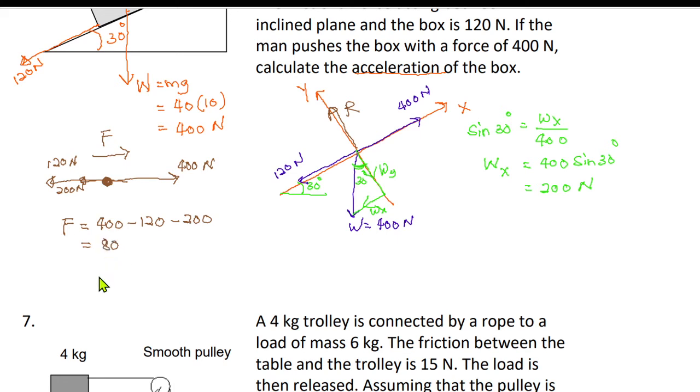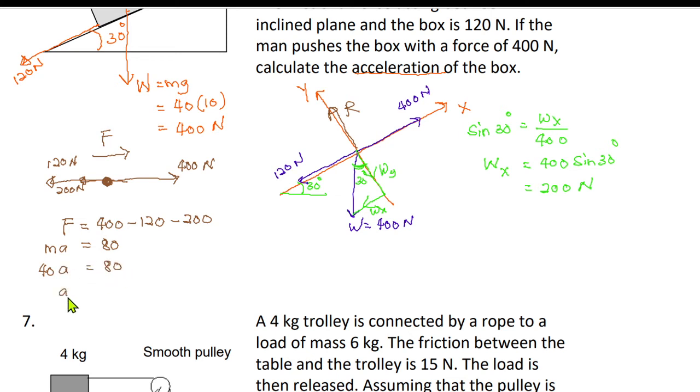So I only have 80 Newton left, correct? But this F equals ma. What is the mass of the object? The mass of the object given in the question is 40 kilograms, multiplied by a equals 80.